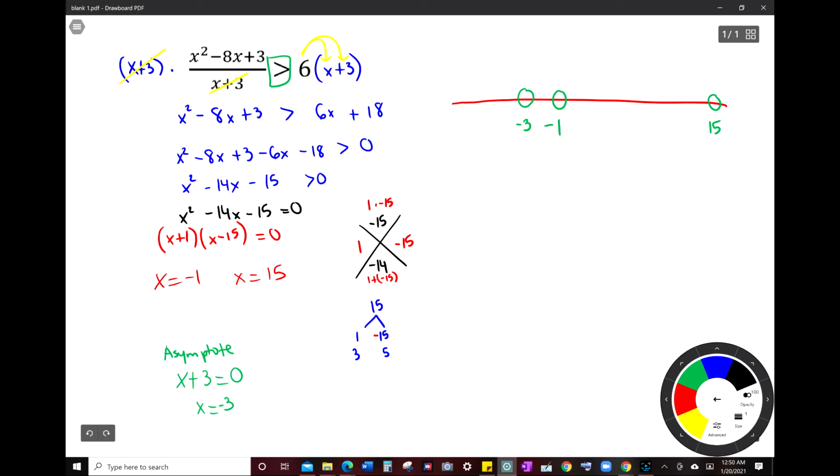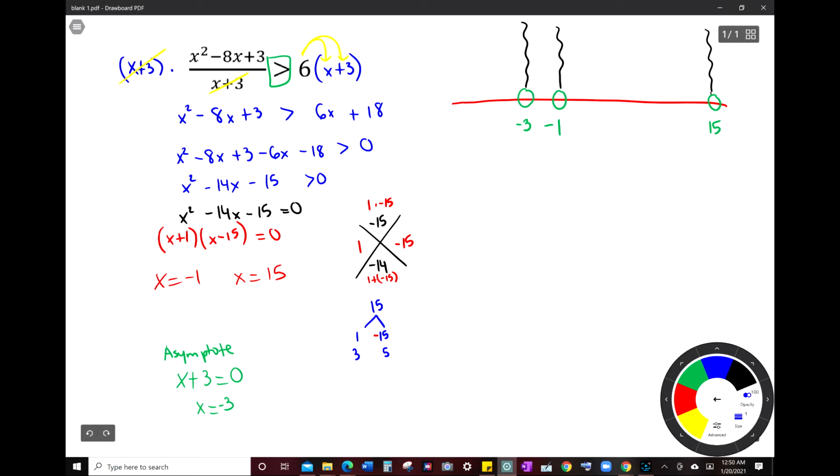And now I will try to divide these into 3 different regions. I will pick a value between each interval and plug it back into the inequality to make sure it works or not.